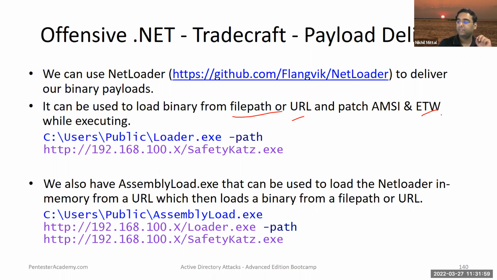Think of this as trace logs for events that are happening. A very, very good option for telemetry. And I don't think there is any EDR that is not using ETW right now. So that helps in bypassing a lot of ETW-based detections as well.